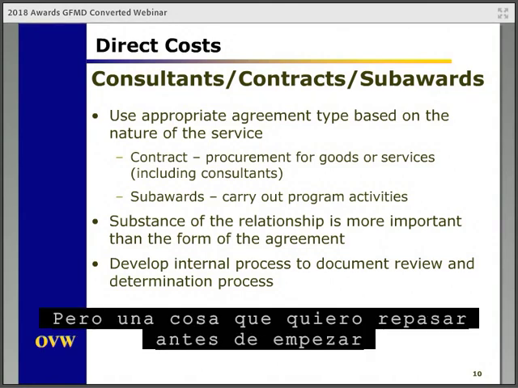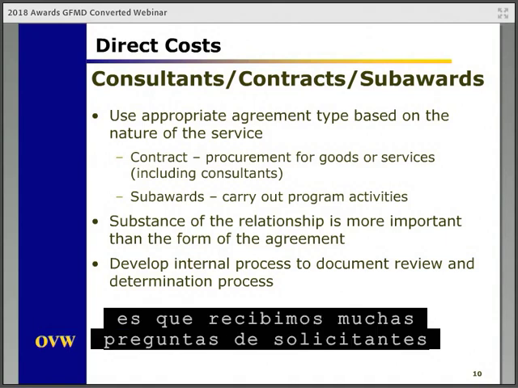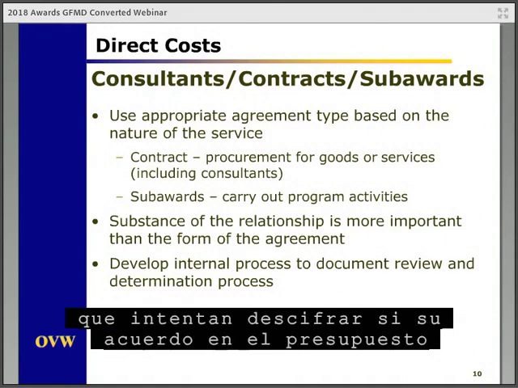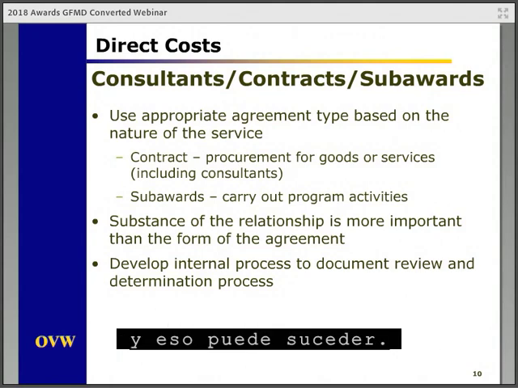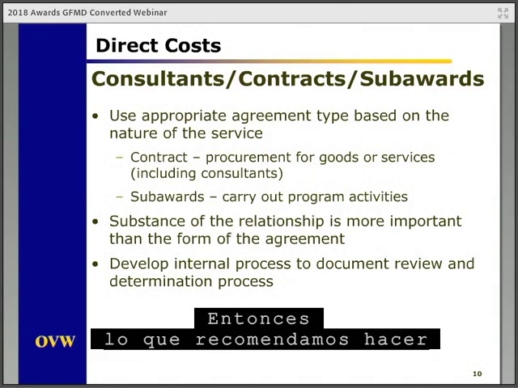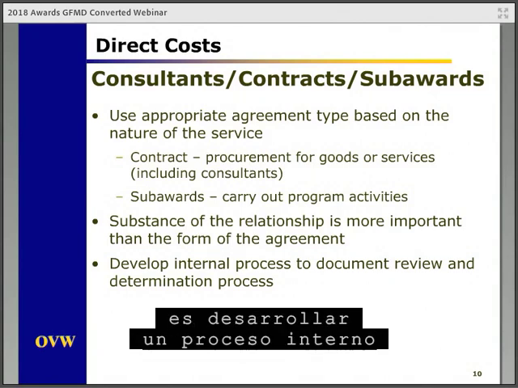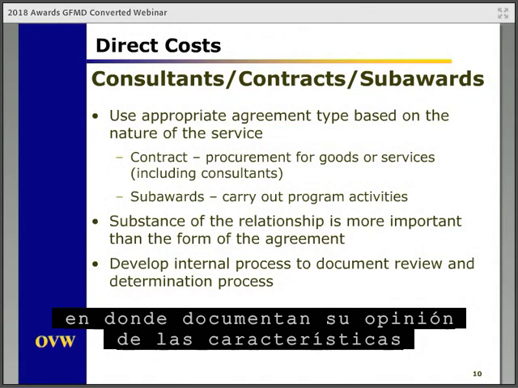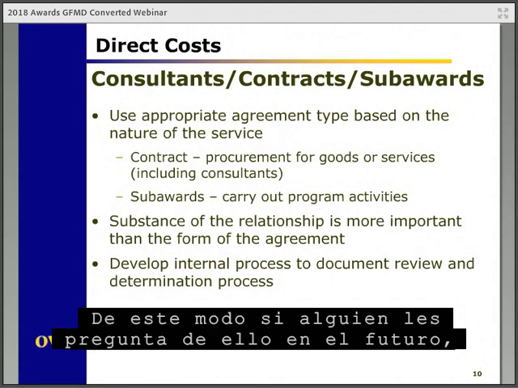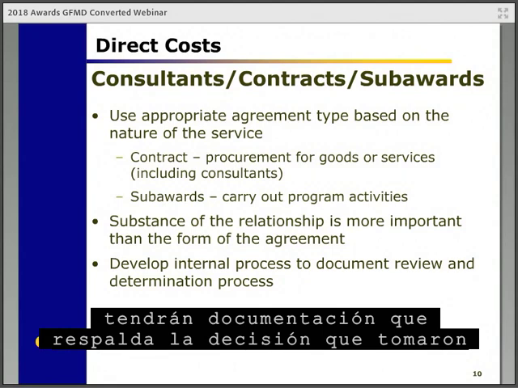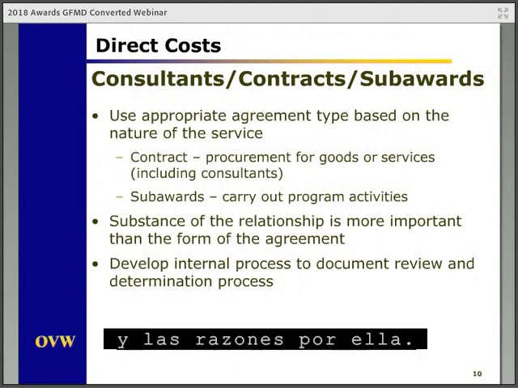But one thing that I want to go over before we begin is that we get a lot of questions from applicants who are trying to figure out if their agreement in the budget is for a contract or subaward because they find that they fall in a gray area where they have characteristics for each, and that might happen. So what we recommend doing is developing an internal process where you document your review of the characteristics when you determine if the agreement is a contract or a subaward, so that if you're asked about it in the future, you have documentation that supports the decision you made and the reasons for it.